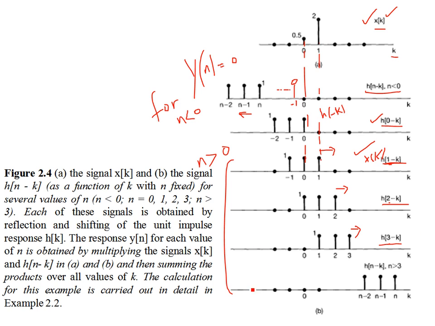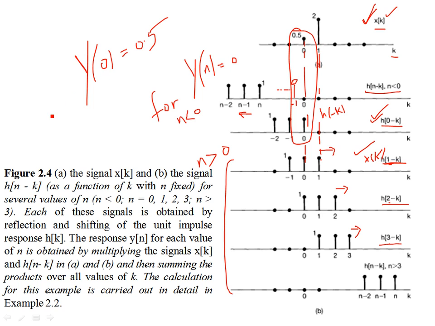For example, if you consider these two sequences, there is only one overlapping sample, that is 0.5. This overlaps with this sample, and nothing else is overlapping. So y of 0 is 0.5.